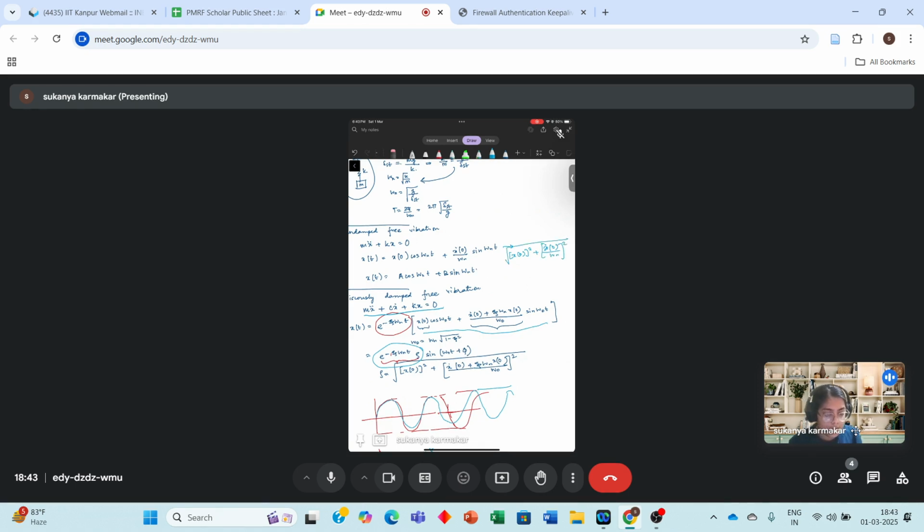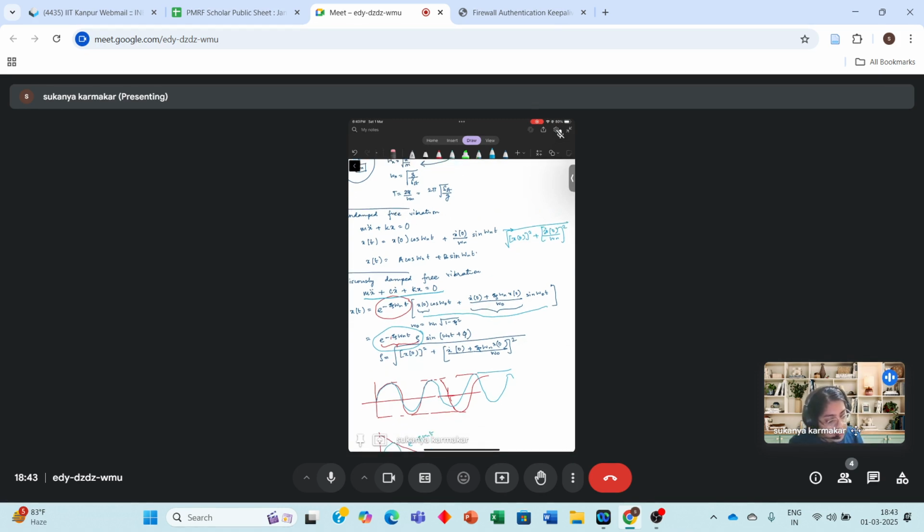This is what we just wrote with reference to last day's notes. Here also, when I am writing the form as some x times sine of omega n t plus phi, in this square bracket term I want to reduce it to something like x into sine of omega n t. Here, instead of x, I'm writing rho.